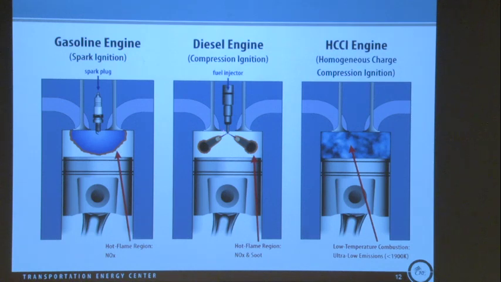The point at which it stabilizes, which I'll discuss more tomorrow, this lifted stabilization is anchored, we think, by some kind of partially premixed propagation into a low temperature ignition soup.